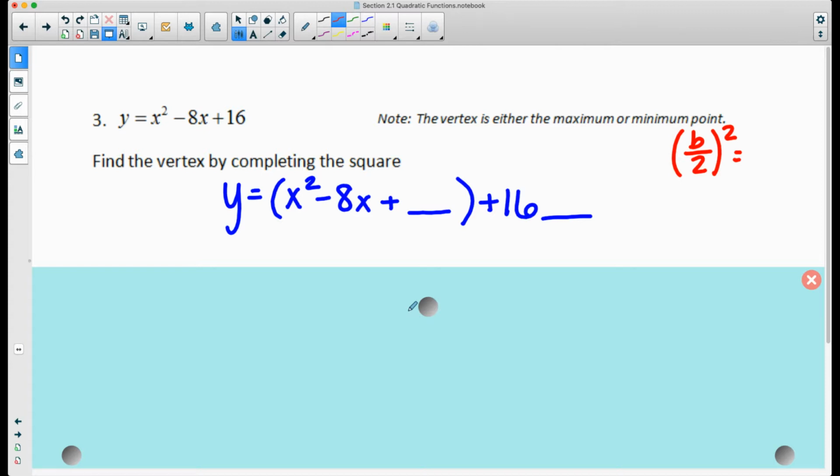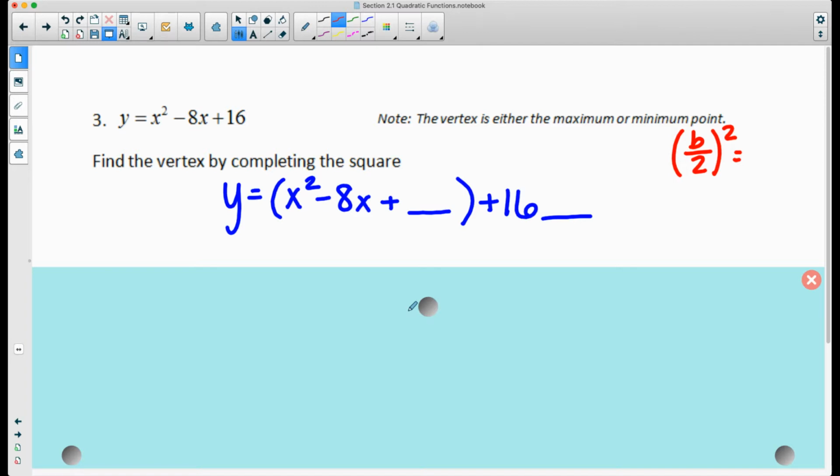I put blanks in there because that's where that answer is going to go. I put 2 blanks because we can't just throw a number into an equation because we want to. We have to add 0 to the equation because we're just changing the way it looks. We cannot change the value of the problem.